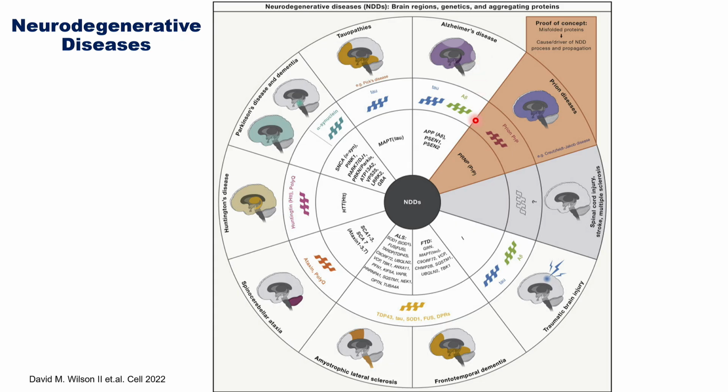We know that there is amyloid, the amyloid beta plaque, and overphosphorylation of tau and amyloid beta plaque accumulation. Then it includes a lot of diseases, like prion diseases, which are also part of neurodegeneration, Parkinson's, FTD, frontotemporal dementia, then ALS.